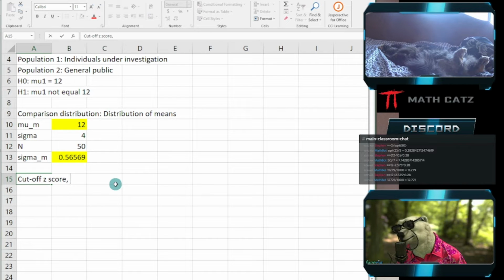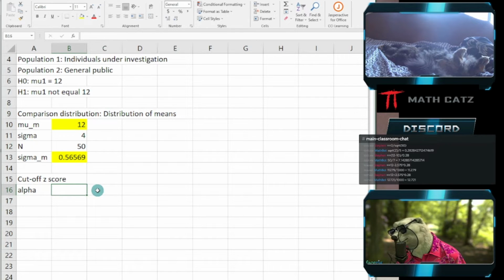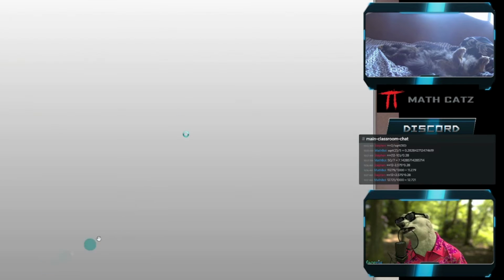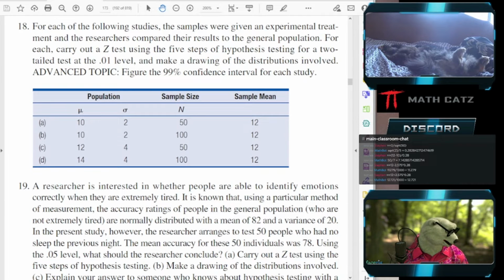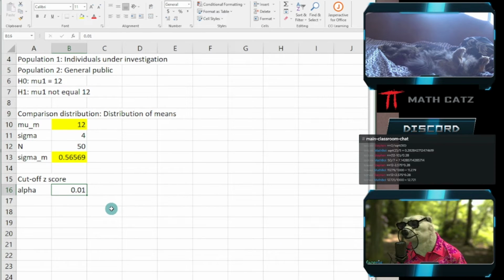We might not want to put alpha in text. We want to maybe have alpha as an input cell. So I'll use a separate cell here for alpha, 0.01, which is what the question is asking. Here, 0.01 level. So that's going to be our alpha.